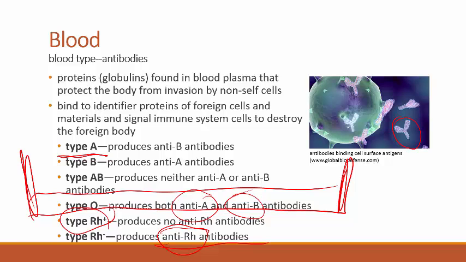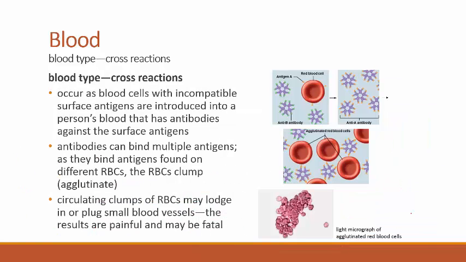If you have the Rh antigen, you definitely wouldn't want to be attacked by antibodies that would take out the cell and kill it, because the antigen is marking up that cell as being a self cell.